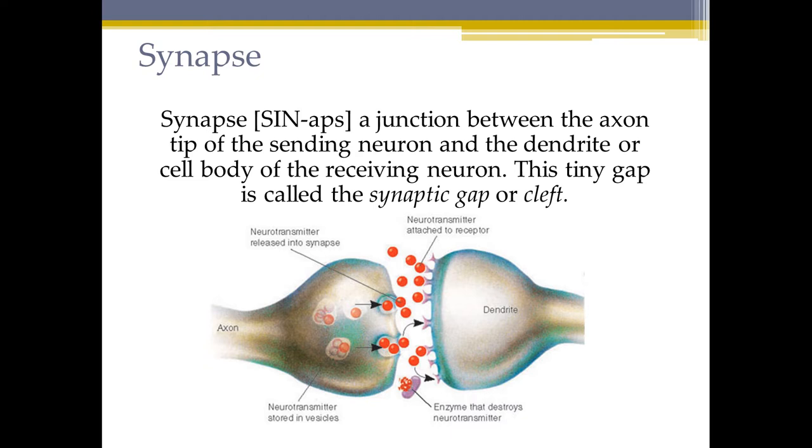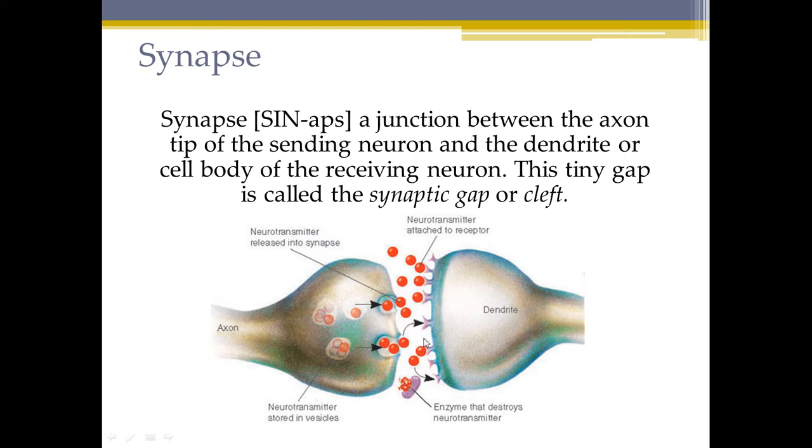Now the communication between the neurons takes place at what's known as the synapse. The synapse is an area where the axon and the dendrite meet but do not touch. So what you'll see is we've got the axon terminal right here pushing out neurotransmitter information. It's sending its signal along to the dendrite.